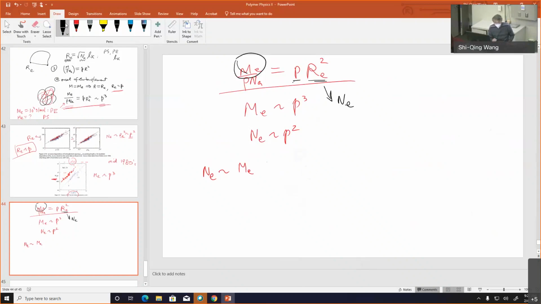But remember, there was an extra P that has to come in, because otherwise my dimension is not the same. So that's why the extra P comes. Right? So that's how it counts. Good point, though. Sometimes I even look at this as, gee, how come NE is only squared, not cubed?